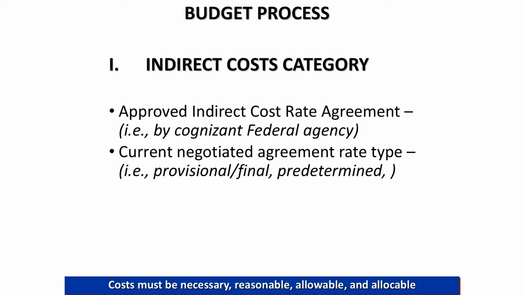You'll do the renegotiation process, and then once that is approved, it now becomes the provisional rate moving forward. So there's a predetermined rate and in some cases a fixed rate. So again, you have an option to either use an approved indirect cost rate or the 10% de minimis rate.